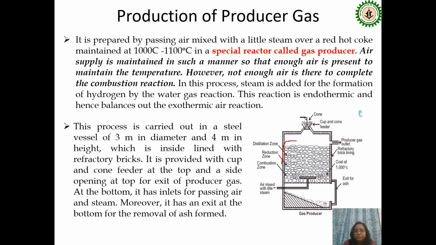The main raw material is our coke, which is heated and maintained at around 1000 to 1100 degrees centigrade. There we will supply what? Air with a little bit of steam for carrying out the gasification process.